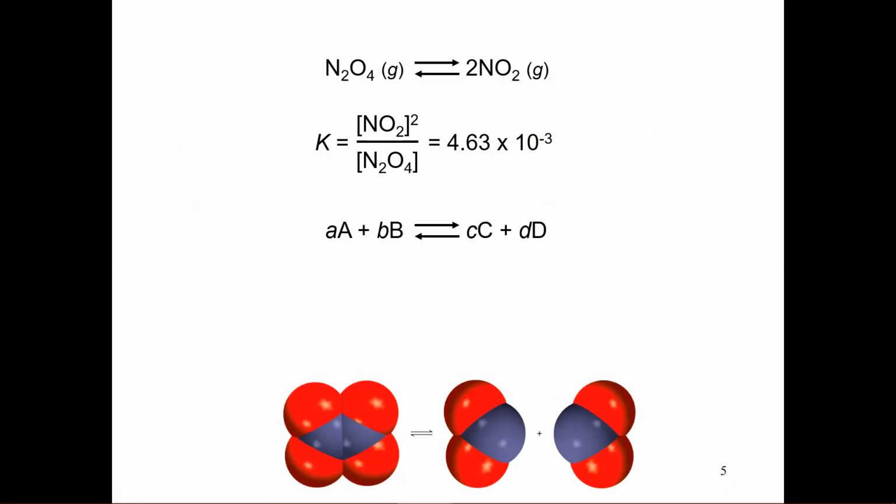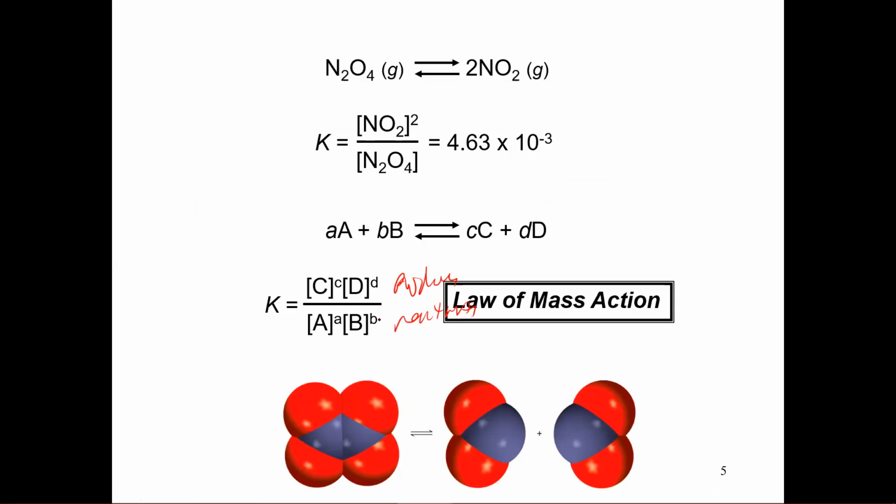Okay. Now, if you've got any general reaction, the constant will be equal to that. And again, this is the products divided by the reactants. And that's called the law of mass action.